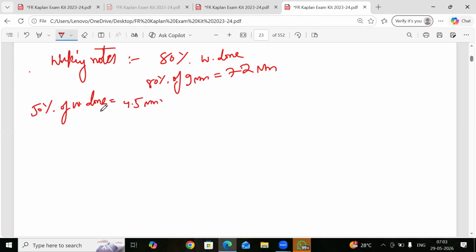So how much do they need to record? The rest of the 30%. The rest of the 30% is 2.7 million that they need to record for this year. So we will record it.